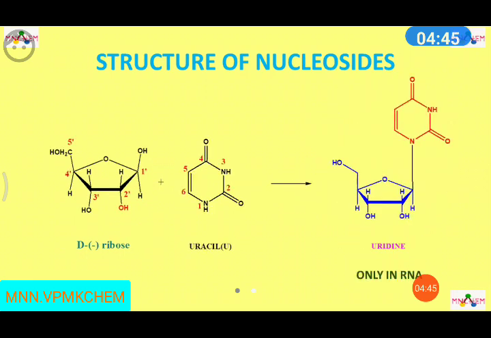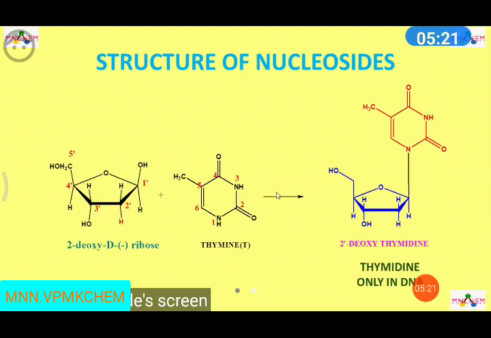Now when we talk about the combination of sugar with pyrimidine bases, we know that in RNA we have uracil. So when D-ribose sugar forms a glycosidic linkage with uracil, it gives uridine. This particular nucleoside is present only in RNA, as uracil is the pyrimidine base found in RNA only.